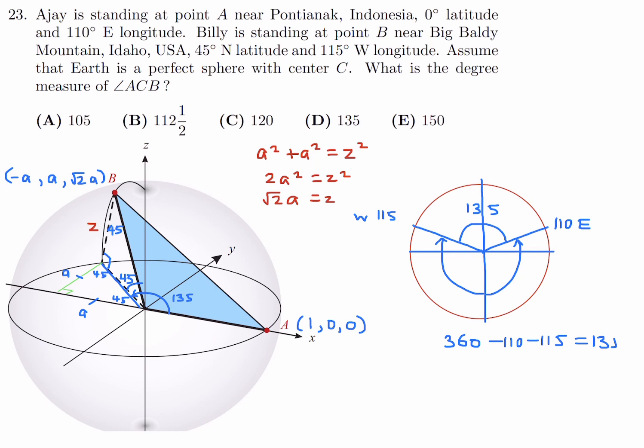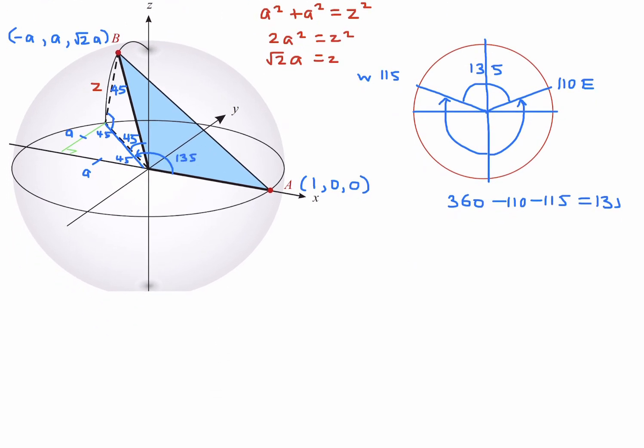Okay, so I got the coordinates for B. It's in terms of A, but it will help us. Now, I had previously set the radius of this sphere to be 1, and that's why I put that 1 there. So that means that radius is also 1, since it's going from the center to the edge of the sphere. So the magnitude of this point (minus A, A, root 2 A) will be equal to 1.